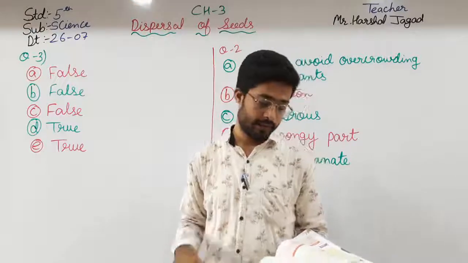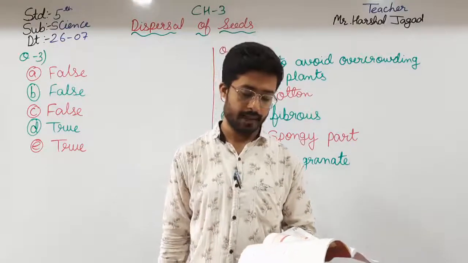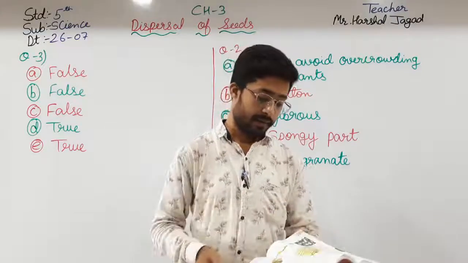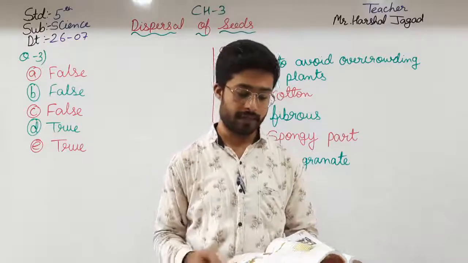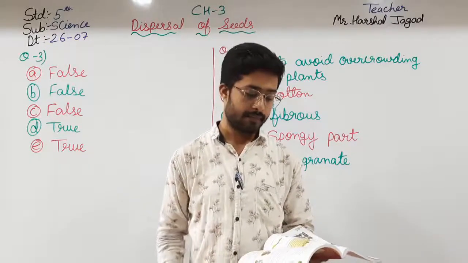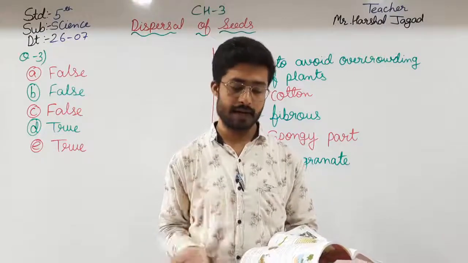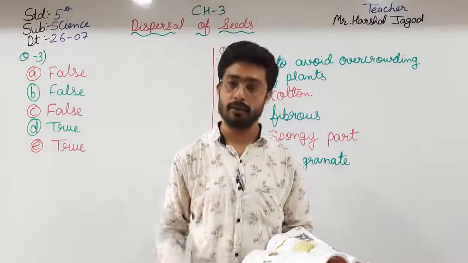And the fifth and last one, how do animals and birds help in the dispersal of seeds? Animals and birds carry ripened fruit away from the tree, and after eating the fruits, throw away the seeds. If the conditions are suitable, the seeds grow at the place where they have been thrown.